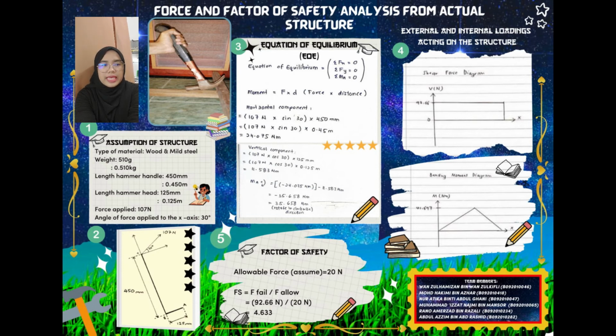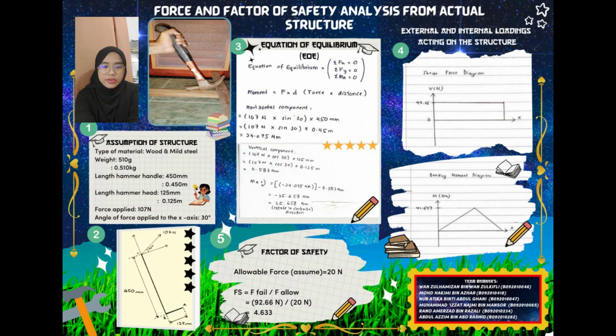Okay, the maximum allowable force is the maximum unit stress in a given material used in the member. The common approach used is known as the factor of safety. The allowable force can be expressed in terms of the force acting on the members as given below: Fs equals ultimate force divided by allowable force.